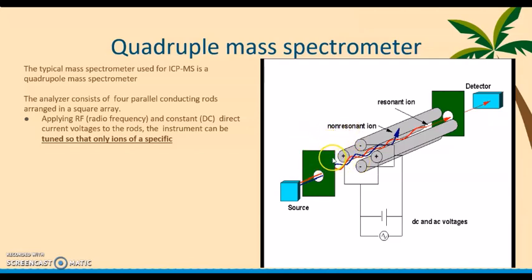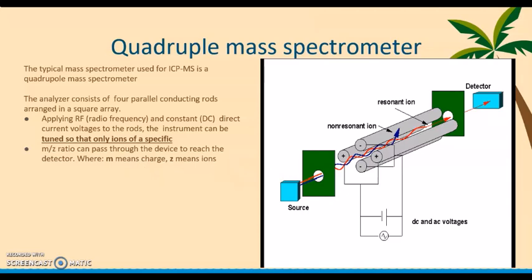lang ang kukunin niya. So, kung titingnan natin yung ating picture, it has a source, it has non-resonant ions, ayan, kung nakikita po ninyo, and we also have the resonant ion, followed by the detector, and then yun nga po, yung importante dito na napapalitan natin, na-adjust natin yung DC and AC voltages o yung ating pong radio frequency and the direct current voltages, kung saan na-adjust natin based on the desired trace element that we want to get.